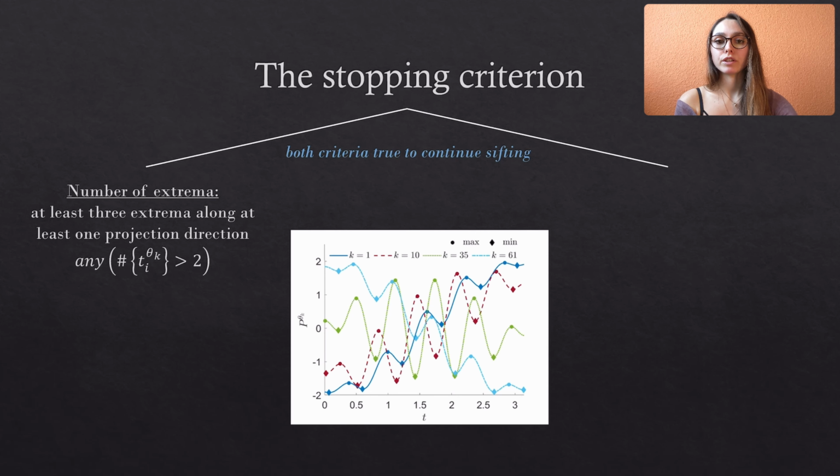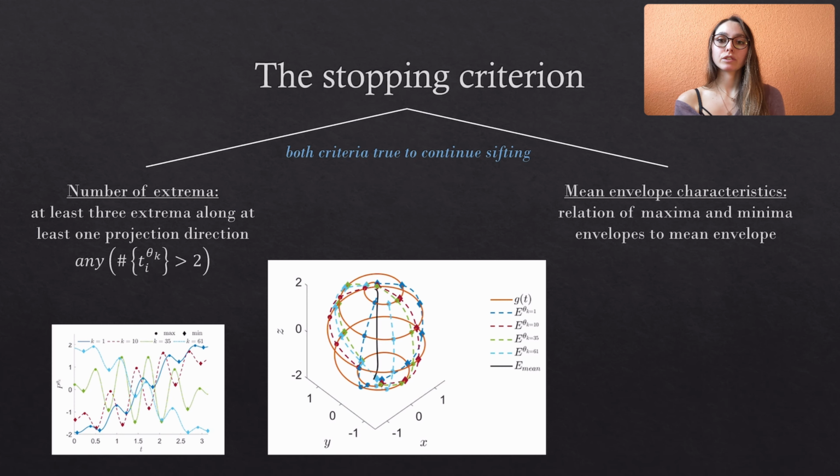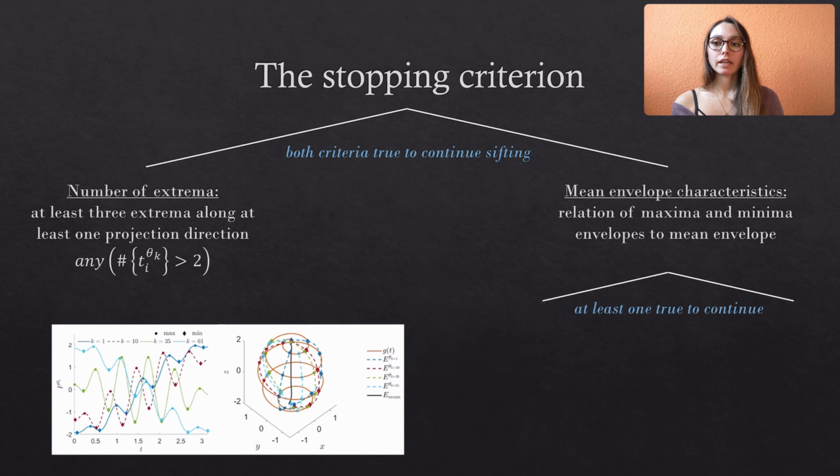The other criterion tackles the characteristics of the mean envelope, or more precisely, its relation to the upper and lower envelopes from which it is calculated. It is split into 2 parts, and at least one of these subcriteria needs to be true to keep the sifting going.